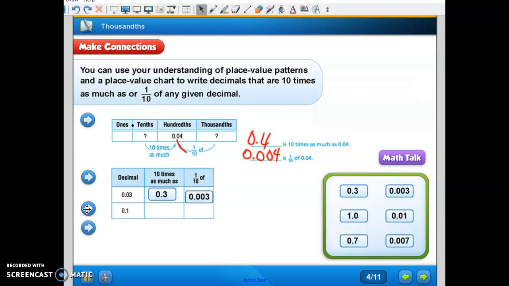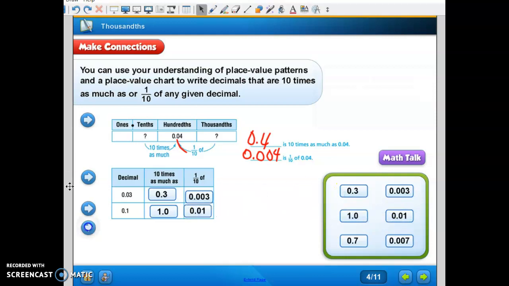Okay, how about if we have the decimal 1/10? What is 10 times as much as 1/10? 1/10 is 10 times as much as what? So 1 is 10 times as much as 1/10. 1/10 of 1/10 is what? 0.01, which is 1/100.